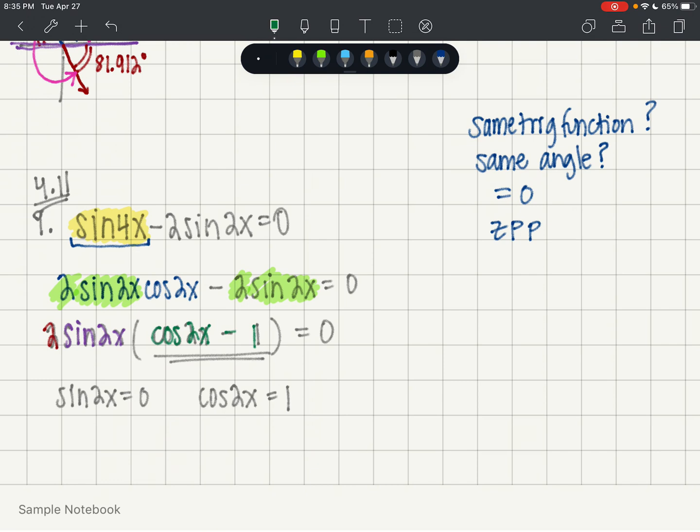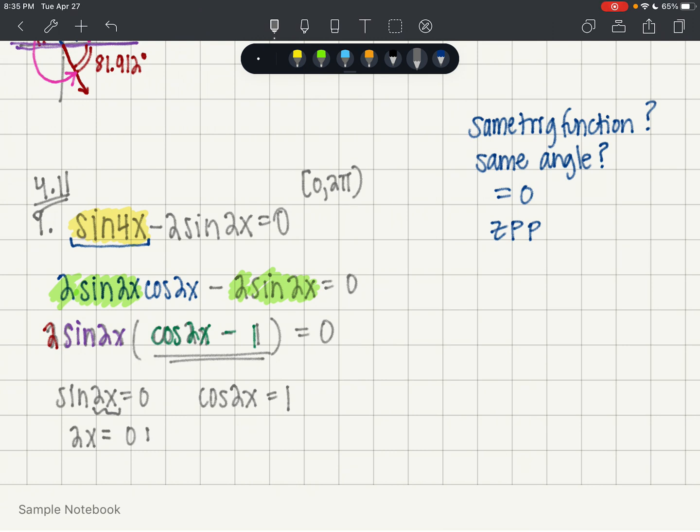Now remember, when you're solving multiple angles, you need to find all the solutions first. I don't know if this was a 0 to 2 pi. I'm thinking that it probably was. But you need to find all of the solutions first. So all of the solutions, 2x equals, well, what would this angle have to be so that the sine of that angle equals 0?